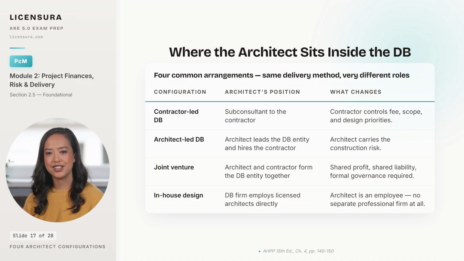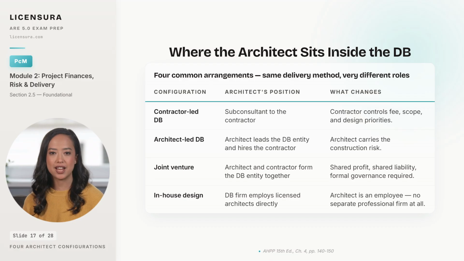In an architect-led DB, the architect's firm is the design builder. That sounds appealing. You keep control of the design, but it means the architect's firm is now contractually responsible for the means and methods of construction, and most architecture firms do not carry the bonding capacity or the construction risk insurance to back that up. A joint venture splits the difference.